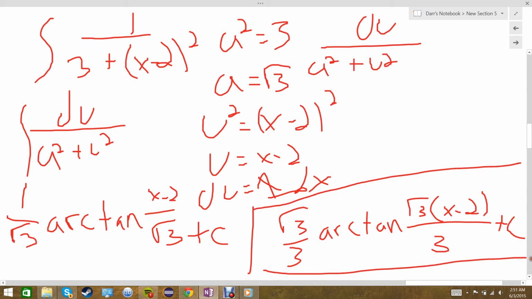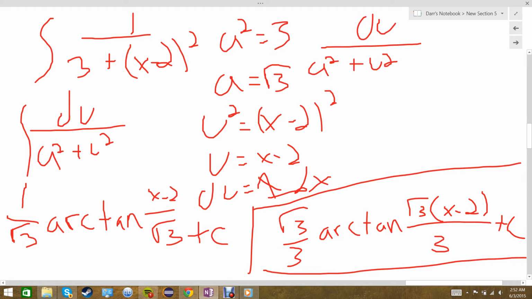Rationalize and all. Okay? Let's do another one, another normal-ish one, with arc secant at the end of it. So let's see, which one should I do?